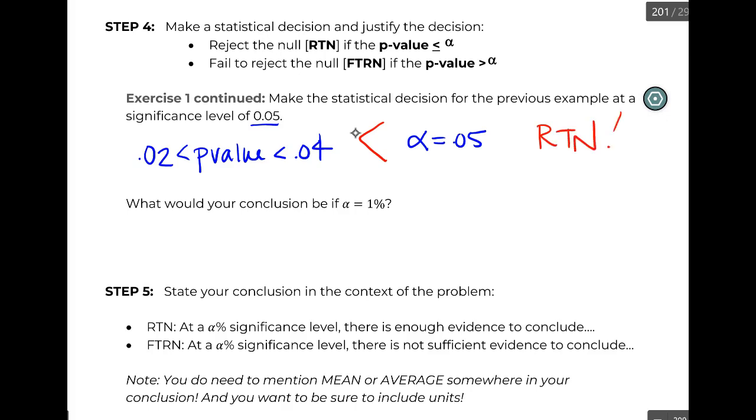However, if we used an alpha of 0.01, now every single value from 0.02 to 0.04 is greater, and we'd fail to reject the null. So as I was saying, you are in good shape in that this range will always be completely above or completely below our typical alpha levels of 0.1, 0.05, and 0.01.